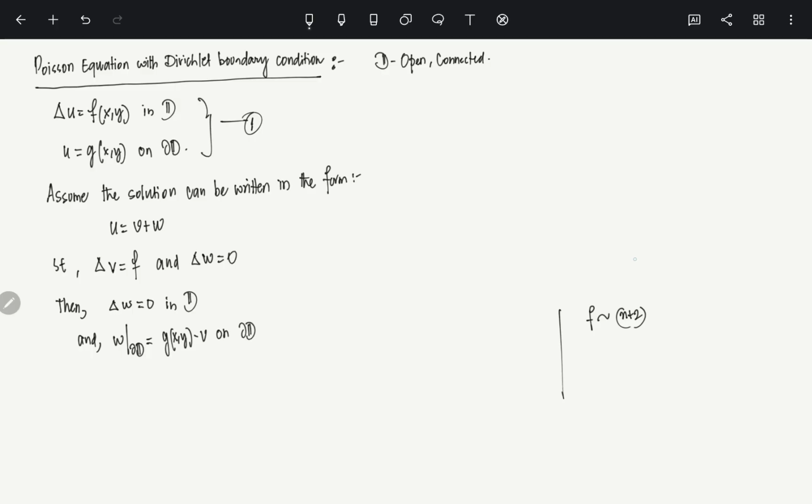So essentially what I am saying is this, let's say x to the power 4, that sort of thing, x square plus y square, that sort of thing.